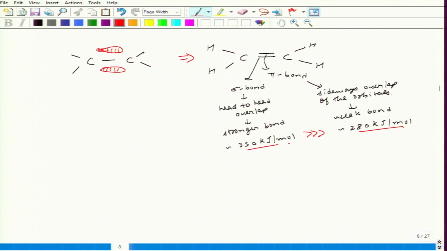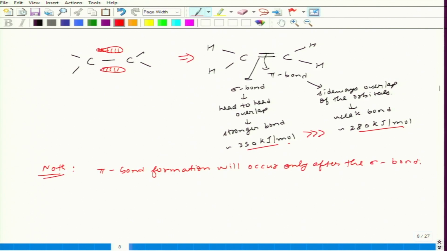Just keep a note in mind that pi bond formation will occur only after the sigma bond. And why is it so?